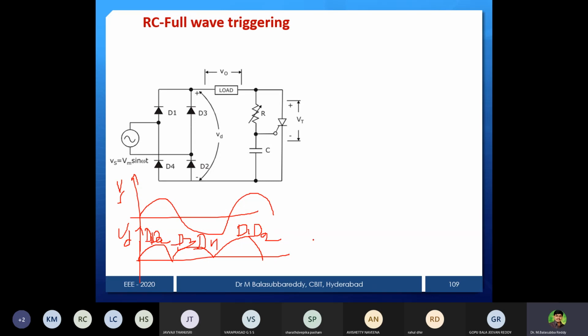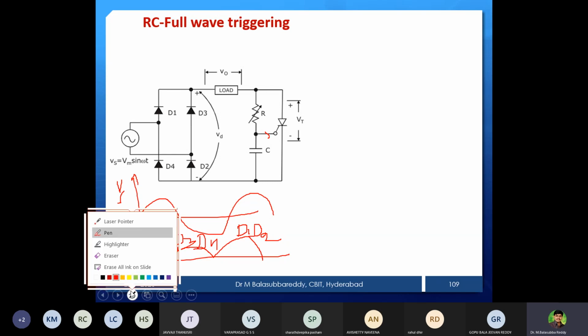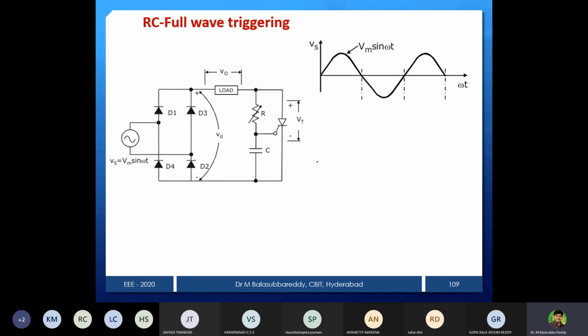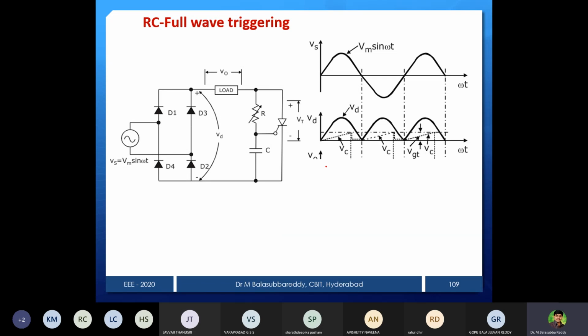Now all the things are positive, so it is easy to control the alpha value during the positive half cycle as well as during the negative half cycle. This is the input. I am using a diode rectifier to convert AC to DC. This becomes VD, and now you draw one line, that is VGT. This is a reference; we need to know when it is going to trigger.